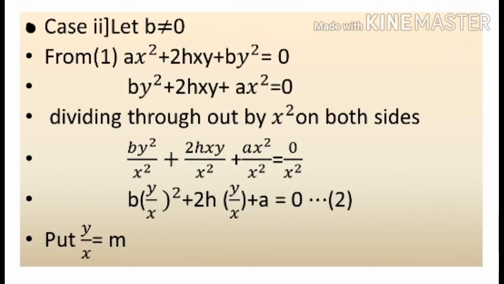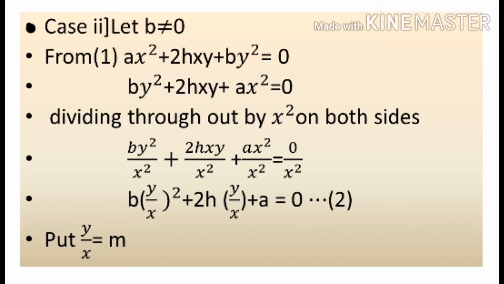Case second, let b not equal to 0. Therefore, from equation 1, ax square plus 2hxy plus by square equal to 0. By rearranging the terms, by square plus 2hxy plus ax square equal to 0. Dividing throughout by x square, by square upon x square plus 2hxy upon x square plus ax square upon x square equal to 0 upon x square.